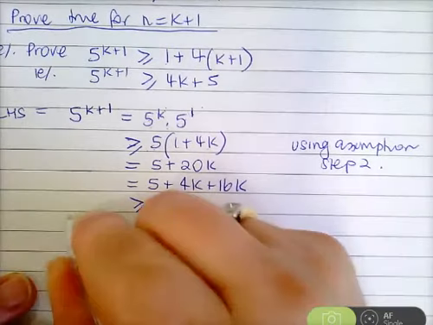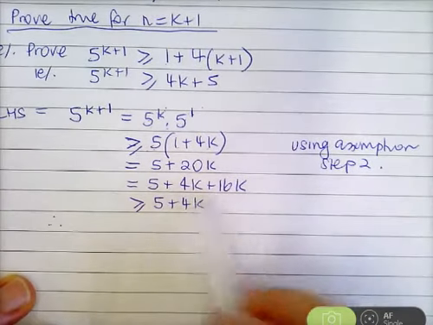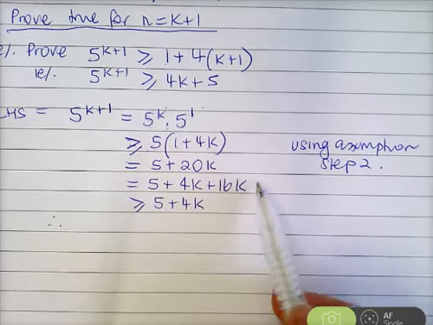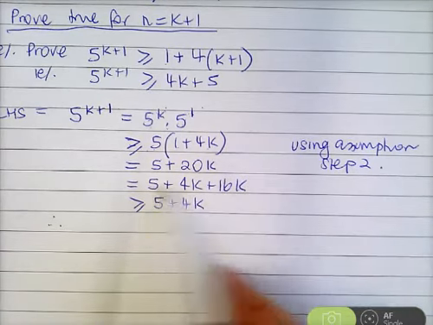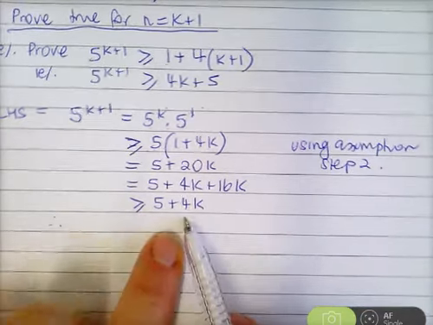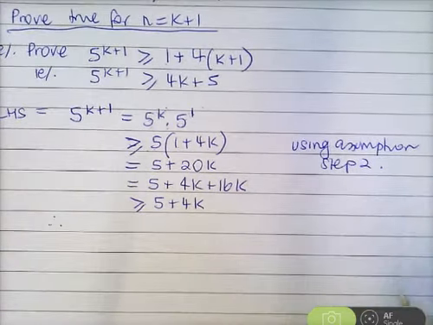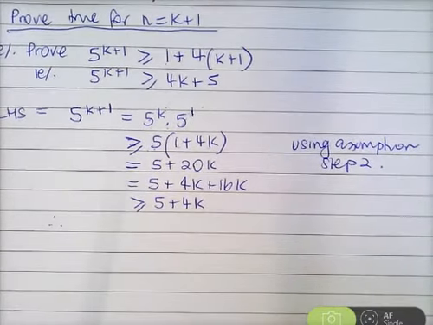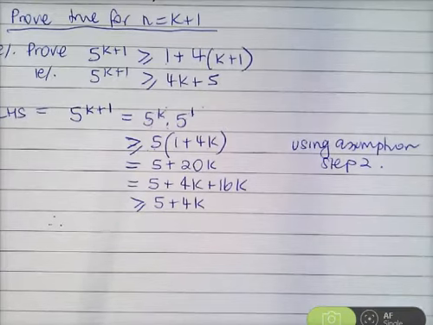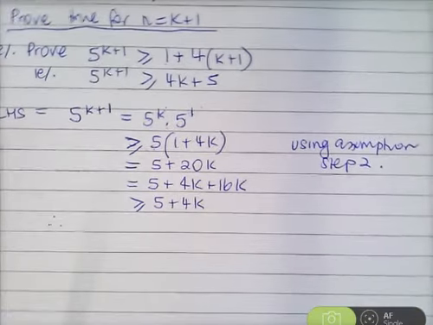So, what did you do with 16k? Well, if I've got 5 plus 4k plus 16k and k is positive, isn't that line bigger than this line? And that's why I put greater than or equal to. The only time it would ever be equal is if k is 0. And actually, our values only start from k is 1, but don't worry about it.